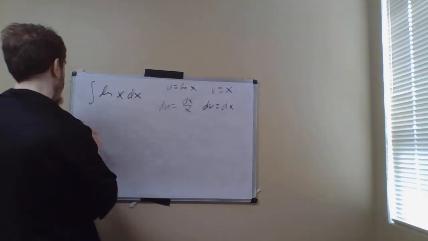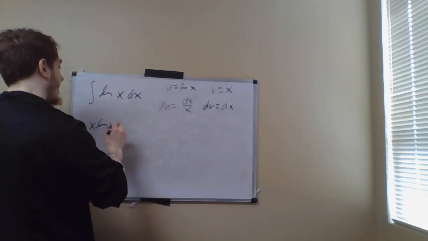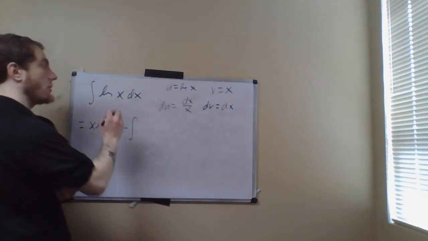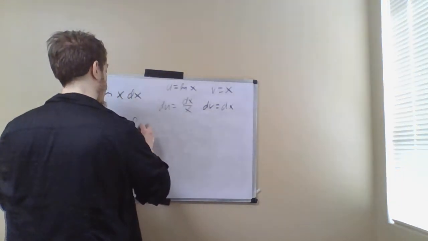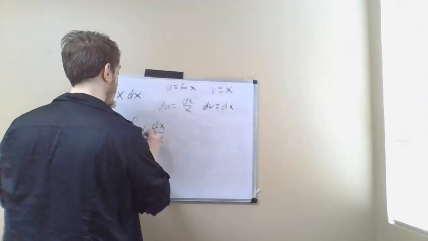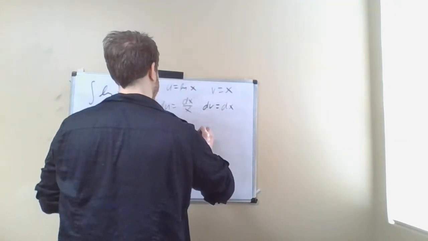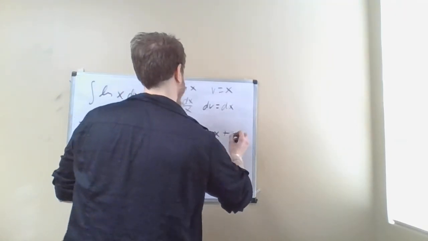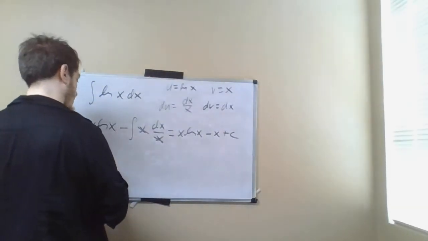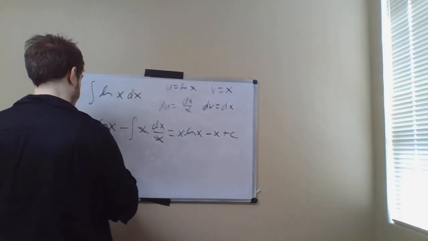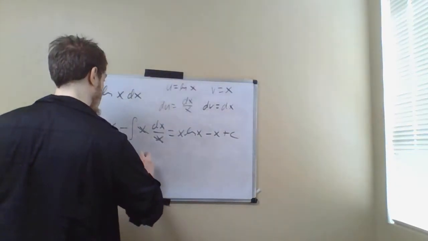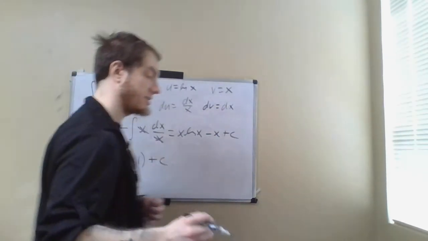So this is going to become x log x minus the integral of x times dx over x. These cancel, and this becomes x log x minus x plus a constant, which is of course just going to be x times log x minus 1 plus a constant.